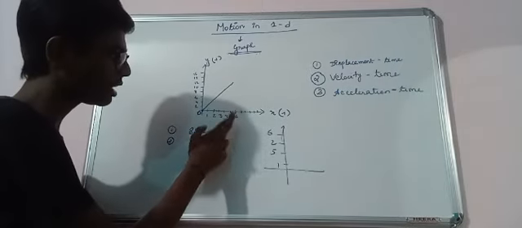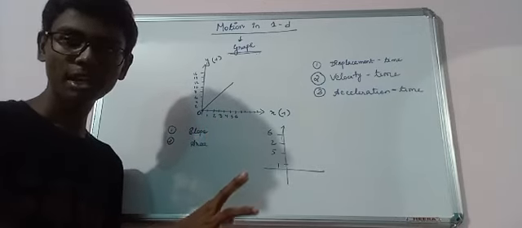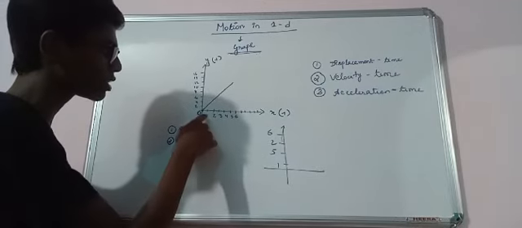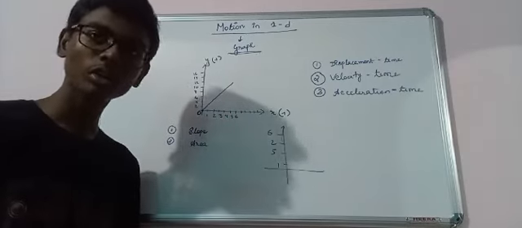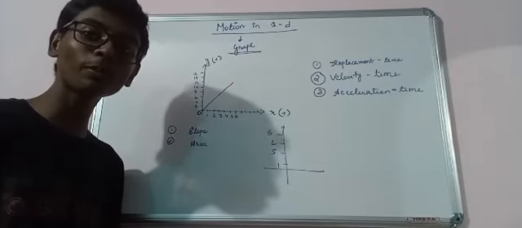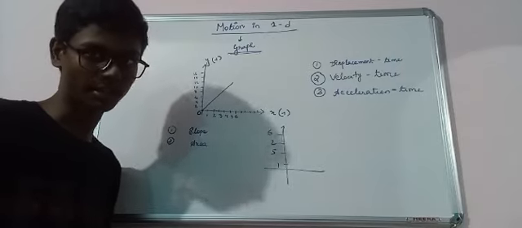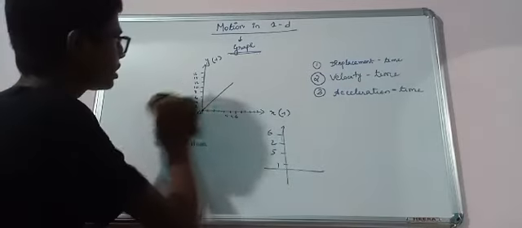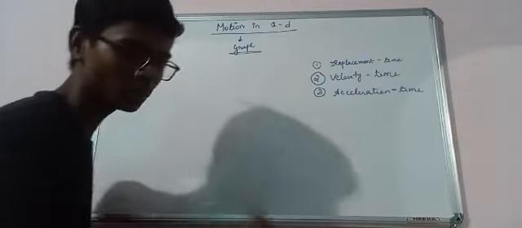Here I have given a difference of 1: 1, 2, 3, 4. I can even draw it as 1, 3, 5, 7, a difference of 2. So you need to be specific about this particular thing. I'm just increasing the size of this, so it will be easier for you to see.